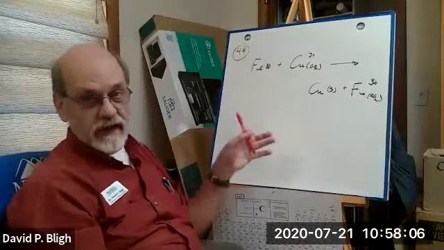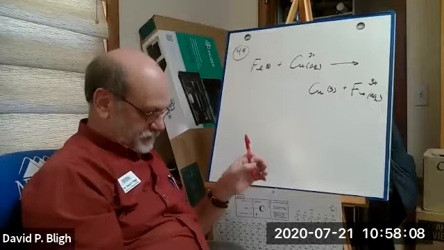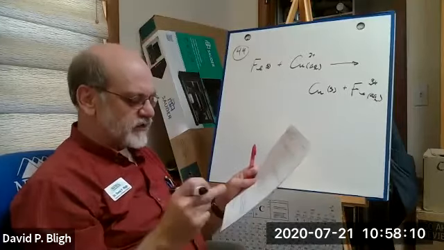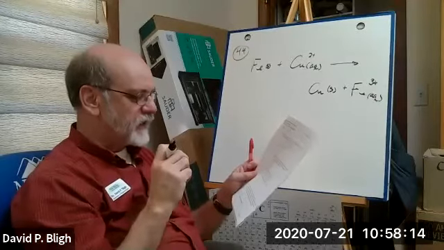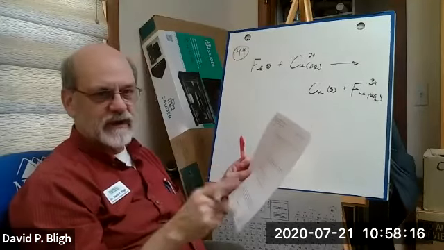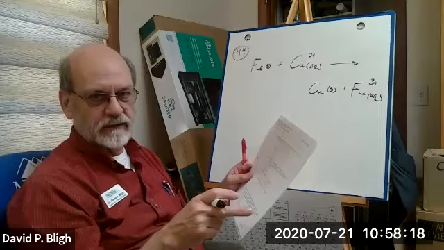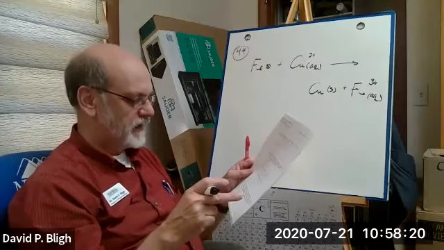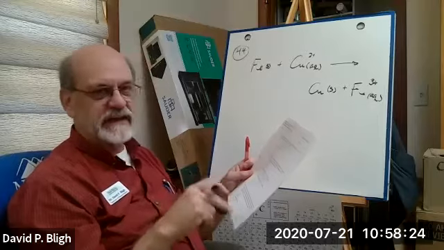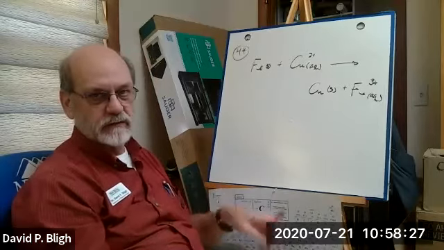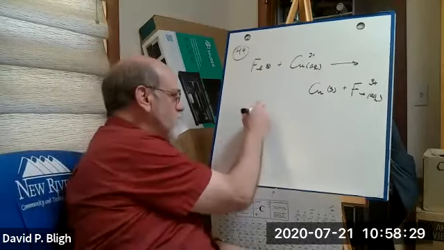You don't need to know that to answer the question, because the conditions are set up, and here's the key. The system is allowed to come to equilibrium. And then the question is, what potential then develops between the electrodes? We're at equilibrium.